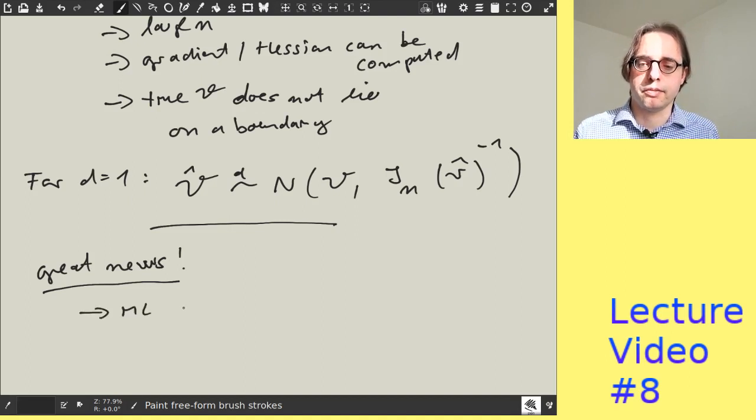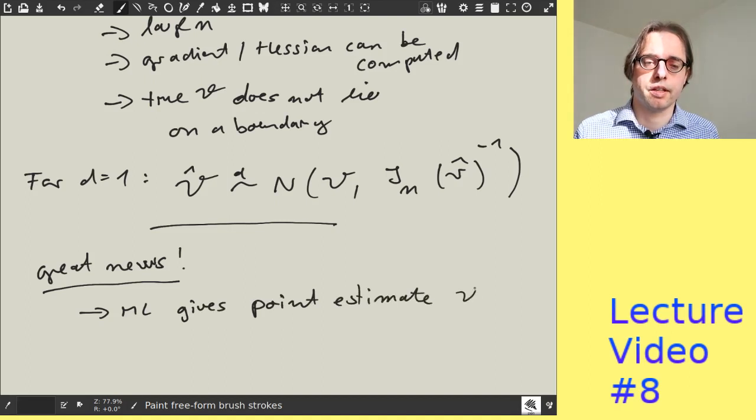ML gives us a point estimate theta hat ML, and the curvature at the MLE gives the asymptotic variance.